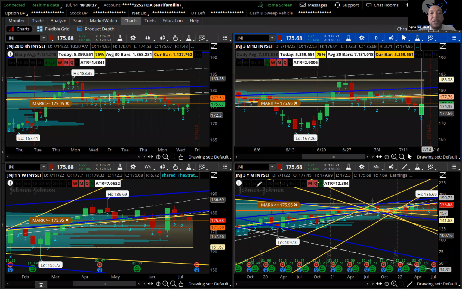Yep, Amazon looks straight. No, the second inside bar for the double inside days is your trigger. Yeah, and it matters.